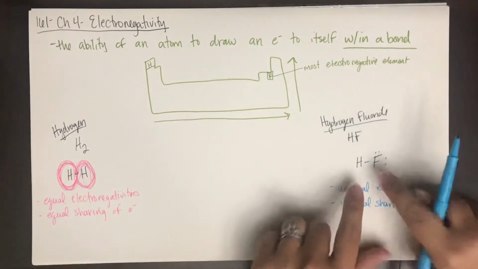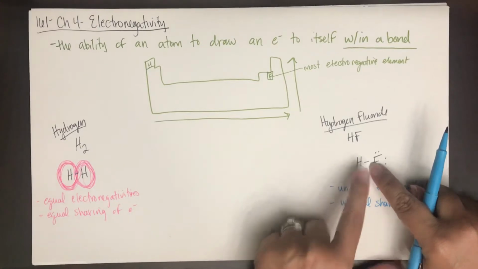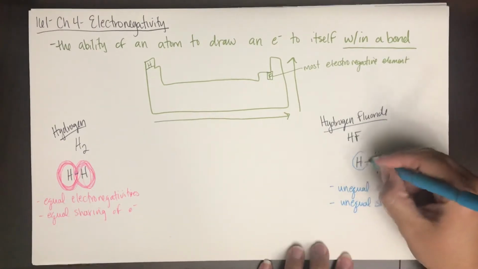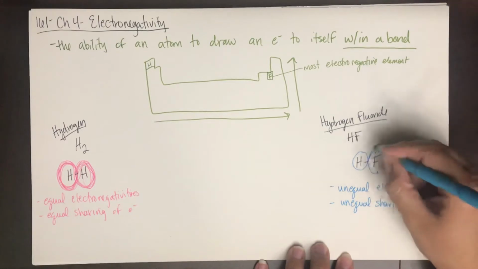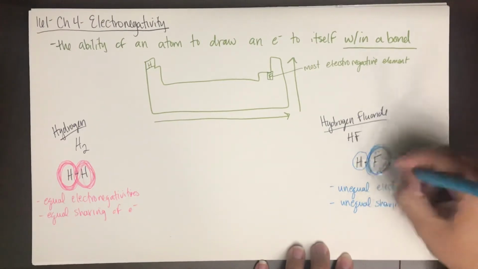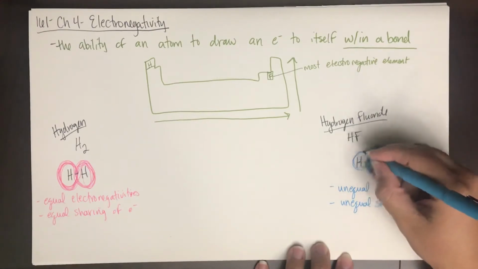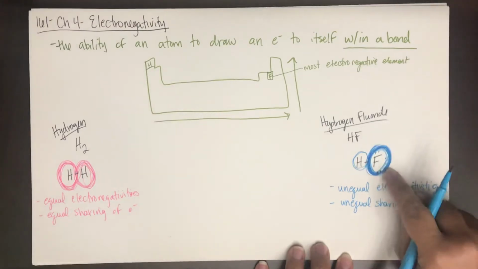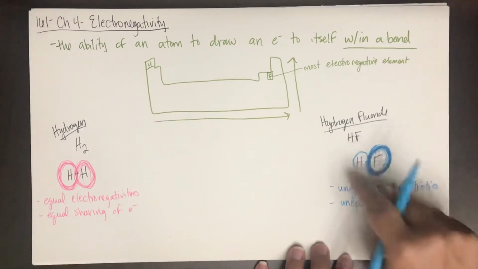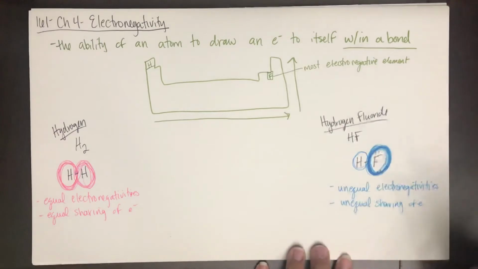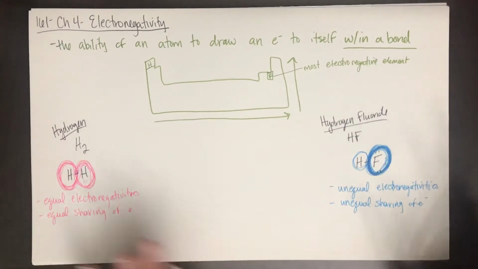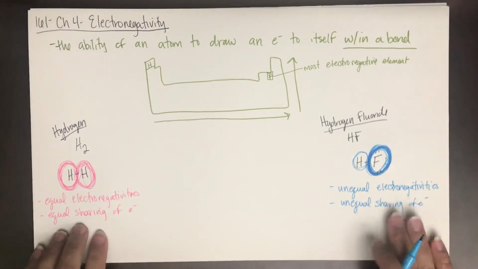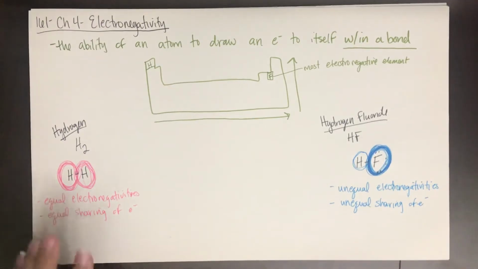The electrons being shared in this bond are going to be way more attracted to this fluorine than to this hydrogen, which has such a lower electronegativity. The electron is going to spend way more time around the fluorine because the fluorine is so much more electronegative. We call this equal sharing versus unequal sharing polarity.